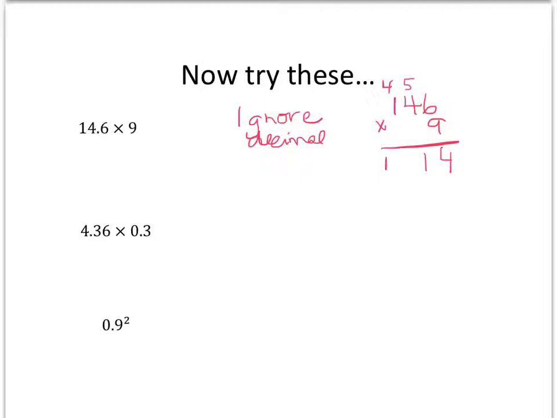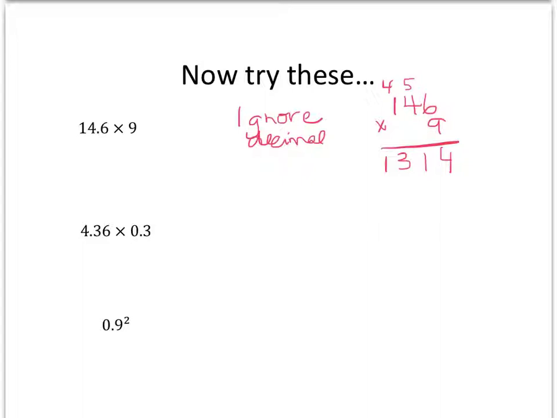So the first thing I'm going to do is ignore the decimals and just pretend I've got 146 times 9. Okay, so it's just some nice normal whole number multiplication. Multiply these together, so 9 times 6 is 54, 9 times 4 is 36, plus 5 is 41, and 9 times 1 is 9, plus 4 is 13.